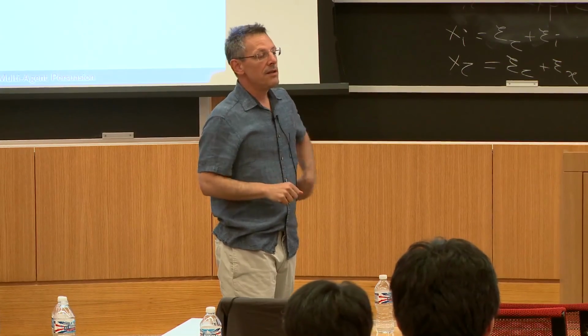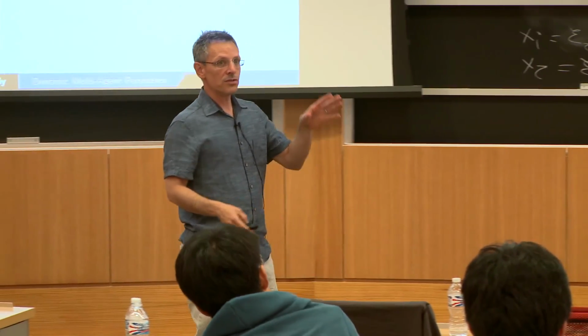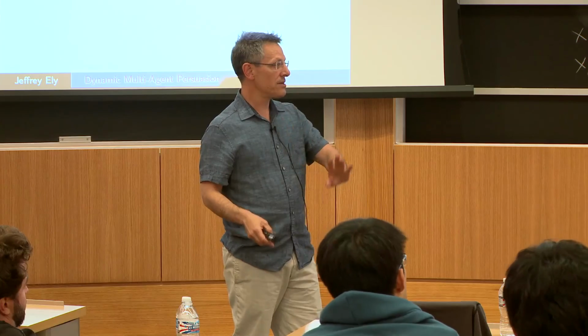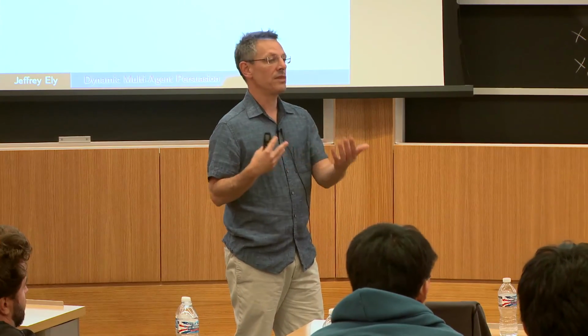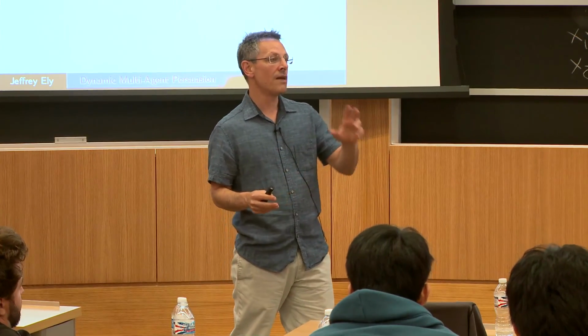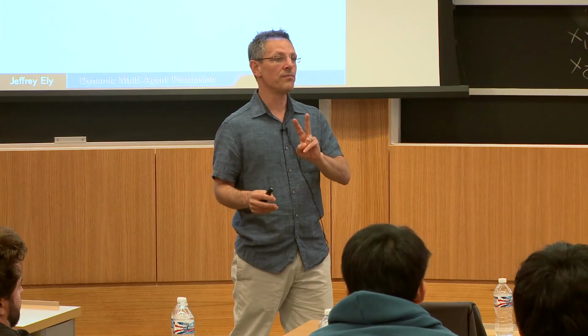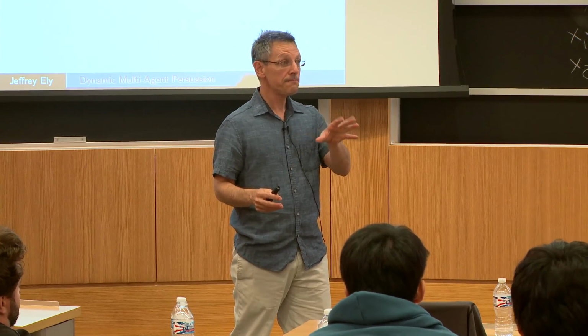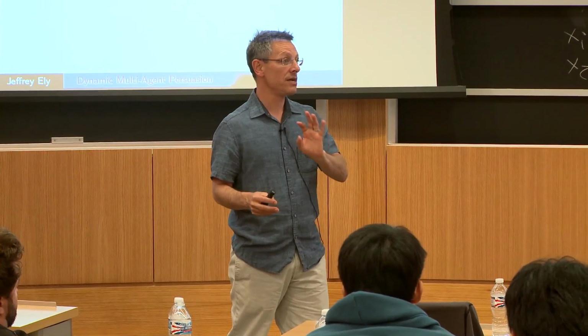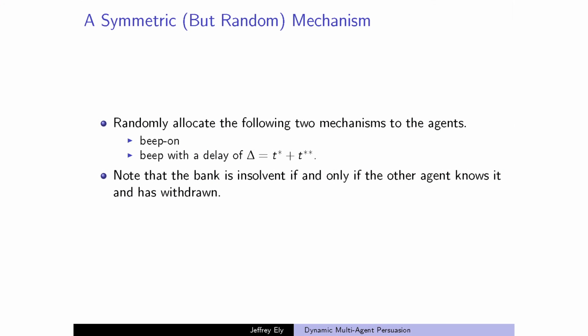Okay? So to warm up for a mechanism that deals with that trade-off, I want to describe a mechanism for the 2-agent problem where the trade-off is evident. Okay? So I'm going to show you another mechanism here which has the virtue of being symmetric.